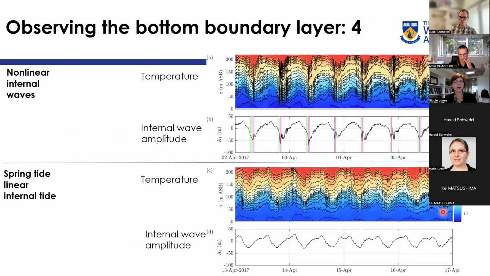So when we're observing the bottom boundary layer, we are picking up different types of dynamics in these field conditions. We have these very nonlinear internal waves where we have very large amplitude deviations of the isotherms. The black lines here are showing you the isotherms of the temperature, and the black line in the second panel is showing you the amplitude taken from modal fitting of these isotherms above.